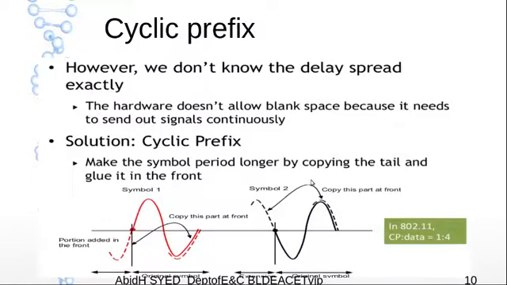Now let us see how the cyclic prefix is created. Cyclic prefix is created by copying the tail part of a particular symbol, as you can see here. This is the tail part of one symbol, which is copied and brought here. This is going to create the cyclic prefix.